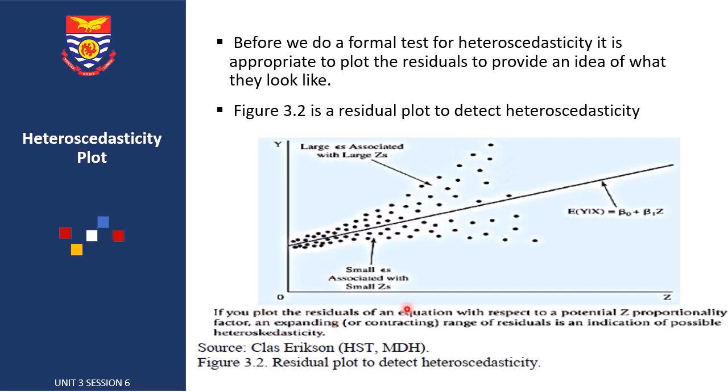So if you plot the residuals of an equation with respect to the potential z, and you realize that the z proportionality factor is expanding, it is a simple indication of the presence of heteroscedasticity, because as you see, as these plots move along the straight line, you could clearly see that they are expanding. The points are expanding as they move along this straight line, which indicates the possibility of heteroscedasticity.